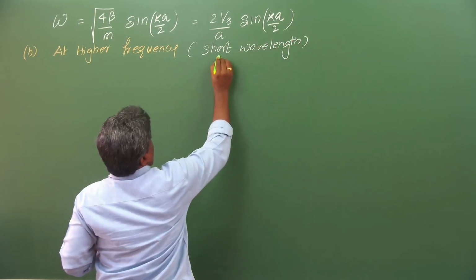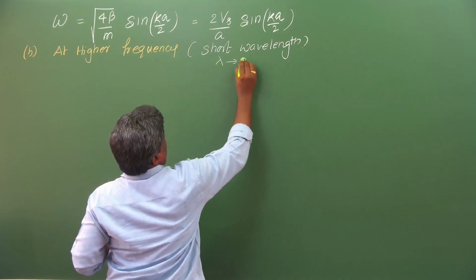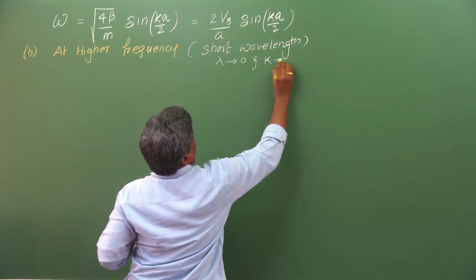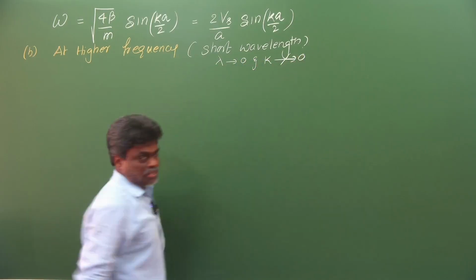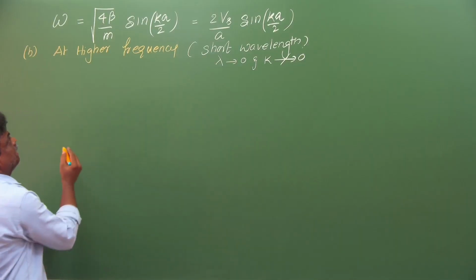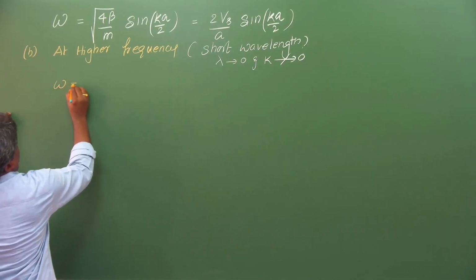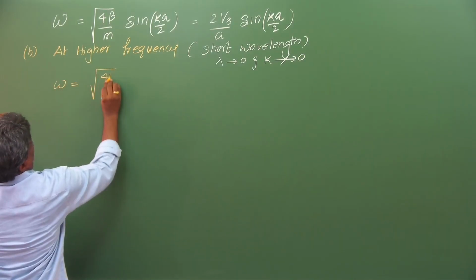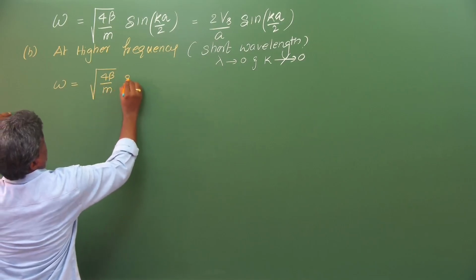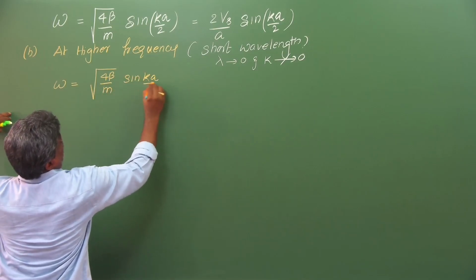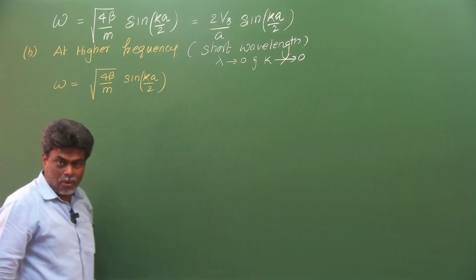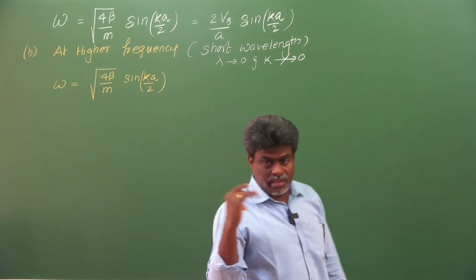So, short wavelength means lambda tending to 0. That implies K is not tending to 0. That is why we cannot neglect it here. So, omega is as usual under root 4 beta by m sine Ka by 2. We can't take any approximation because the theta is very high.